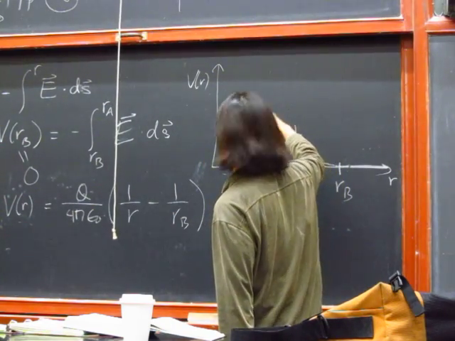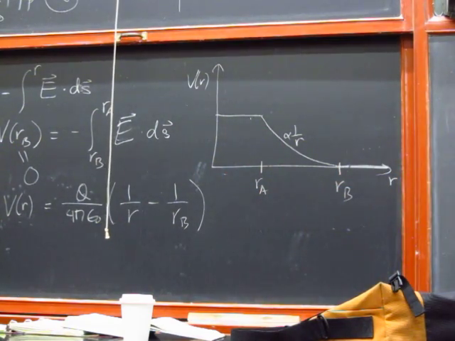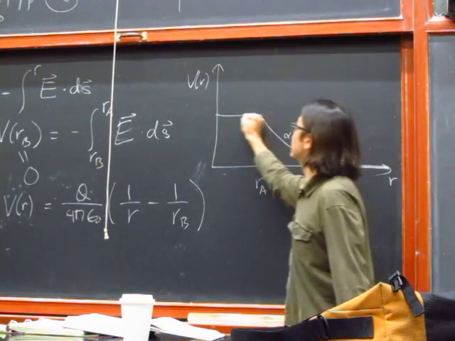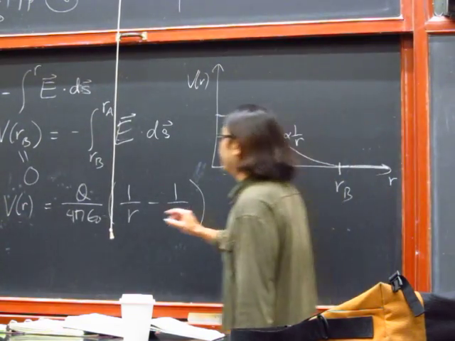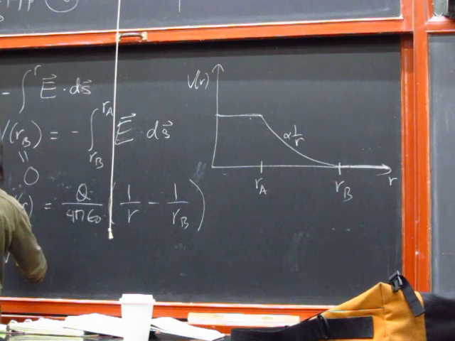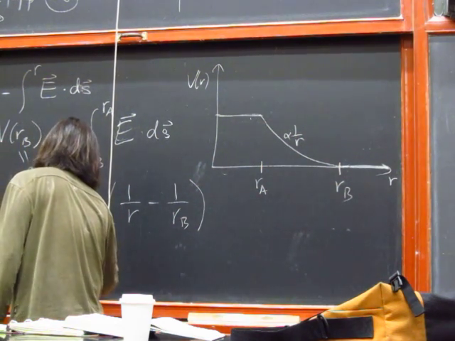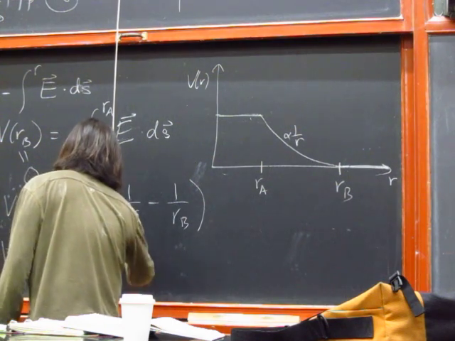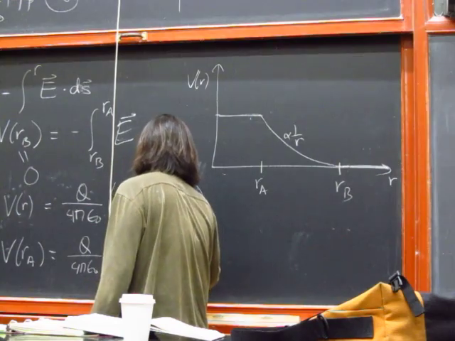And then it should be constant, and it's constant here because the electric field is 0. And the potential at RA is given by Q over 4 pi epsilon naught, times 1 over RA minus 1 over RB.